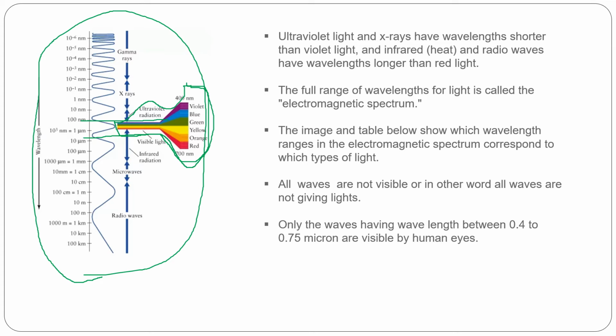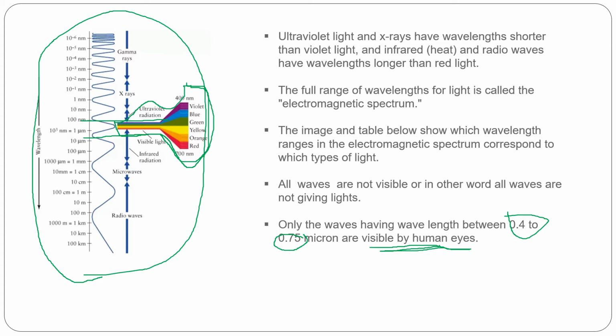All these waves are not visible, in other words, they are not giving light. Only this range of wavelength, from 0.4 to 0.75 micron, gives visible light for the human eyes.